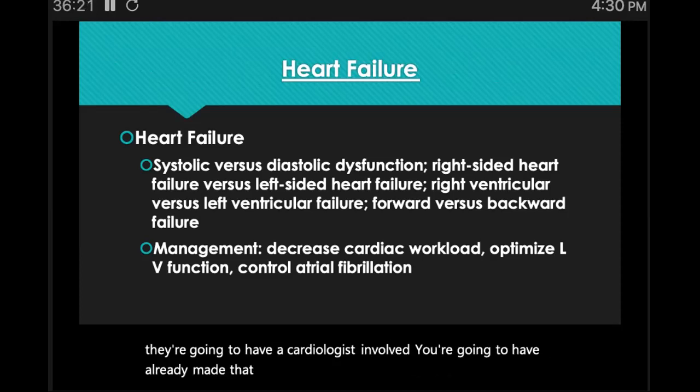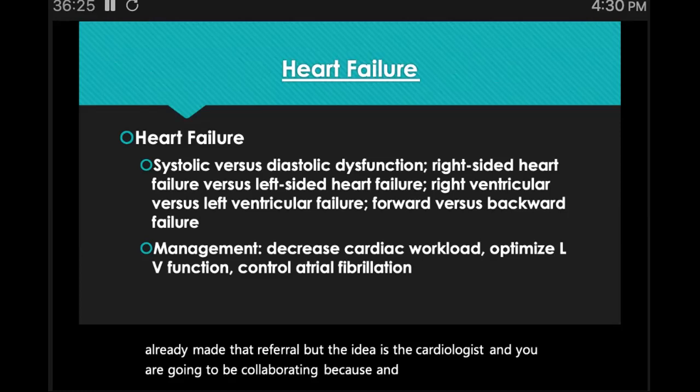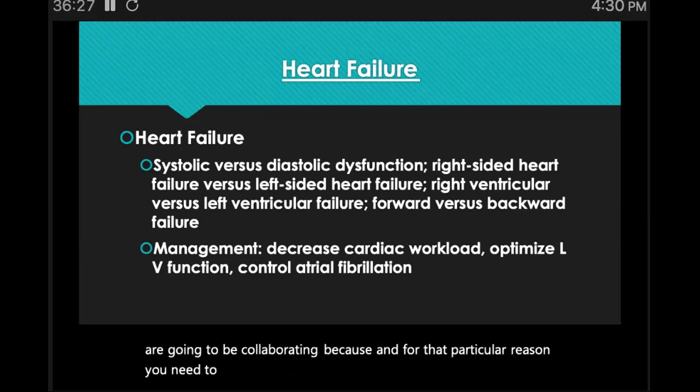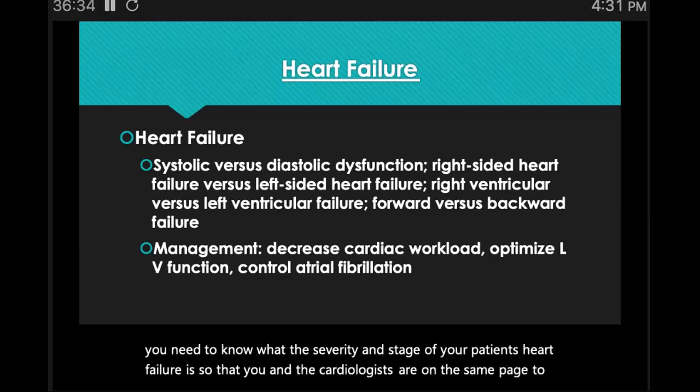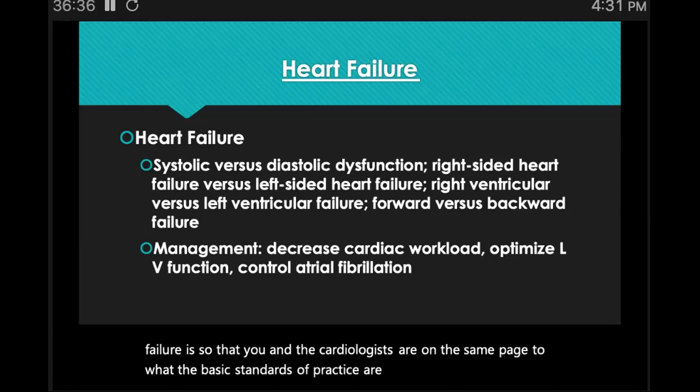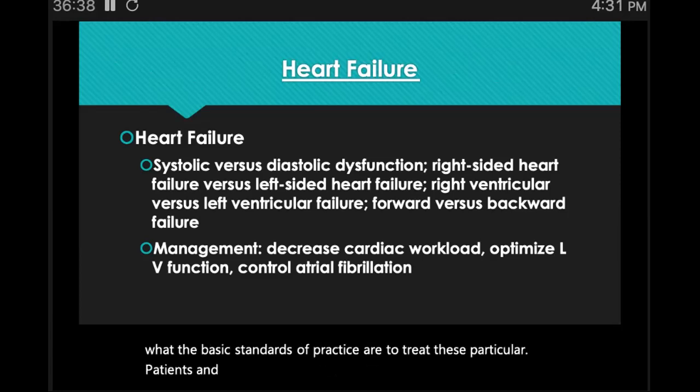But the cardiologist and you are going to be collaborating, and for that reason, you need to know what the severity and stage of your patient's heart failure is, so that you and the cardiologist are on the same page as to what the basic standards of practice are to treat these patients, and also what the realistic expectations are based on their severity and staging.